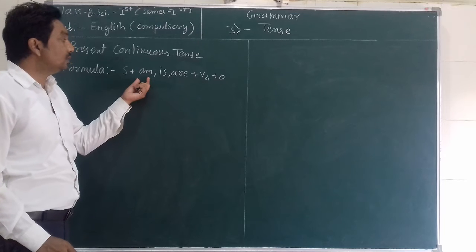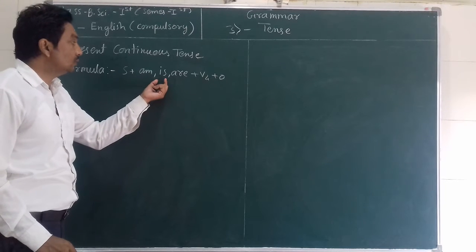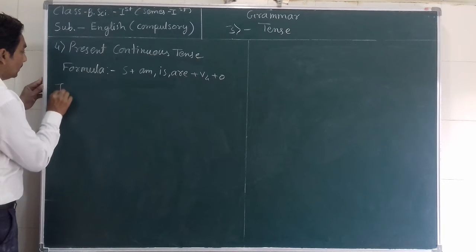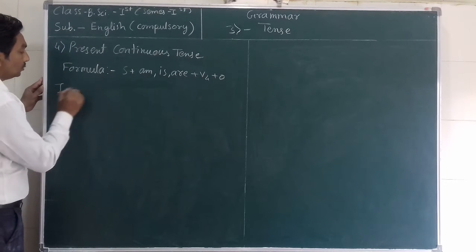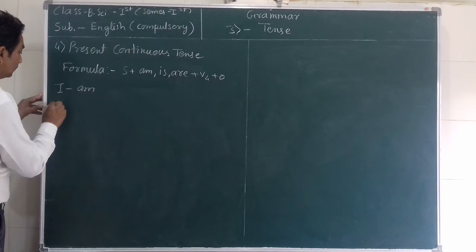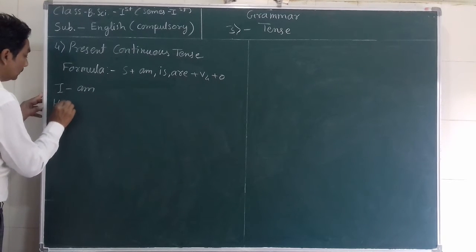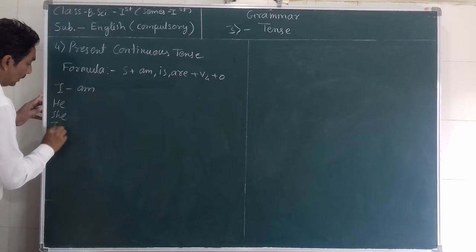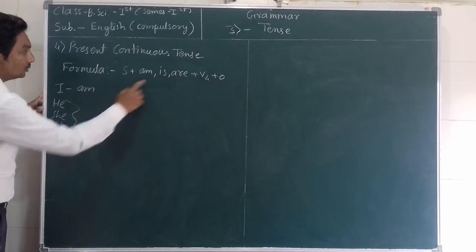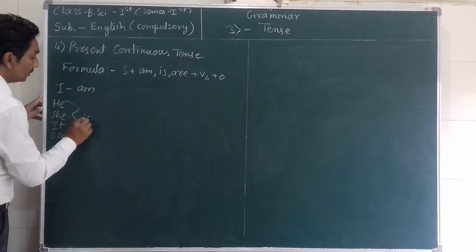So after this subject we should use am, is, or are. Suppose there is the subject I, so use am in front of it. If there is the subject he, she, it, or a singular noun, so use is, the present tense to be form, in front of it.